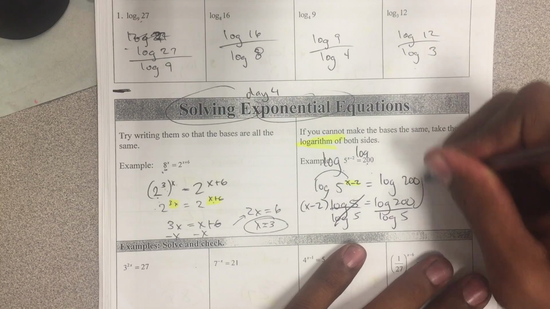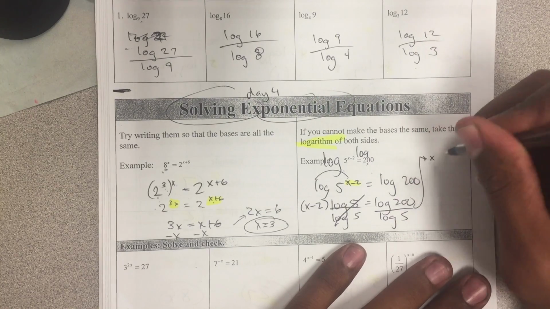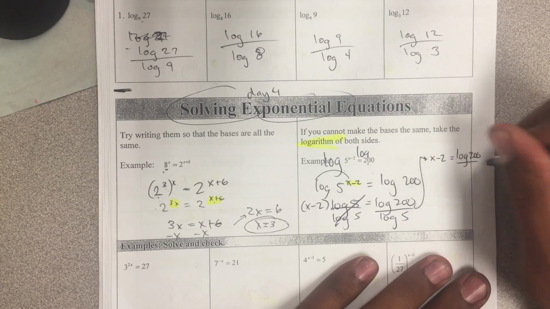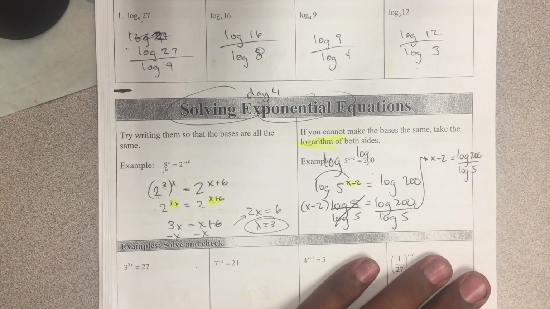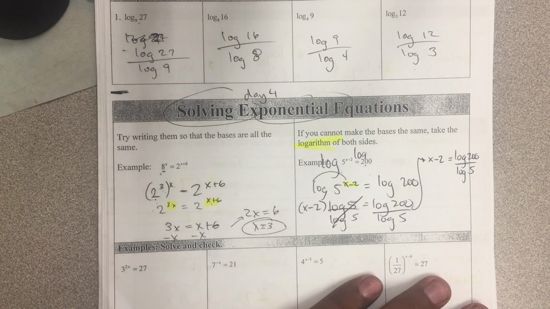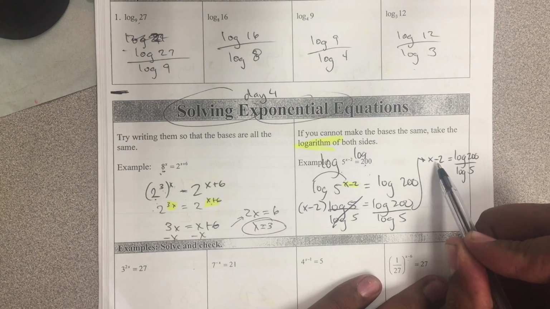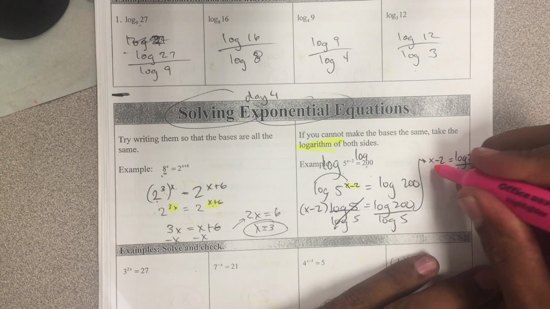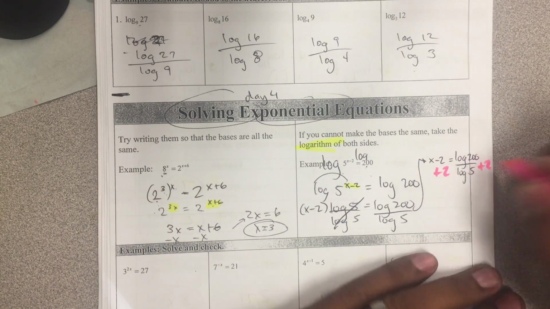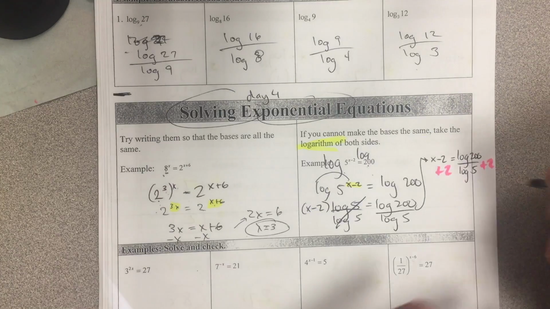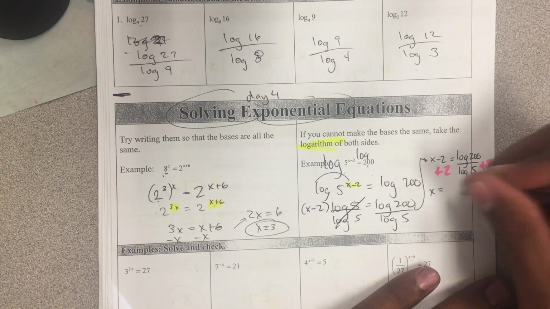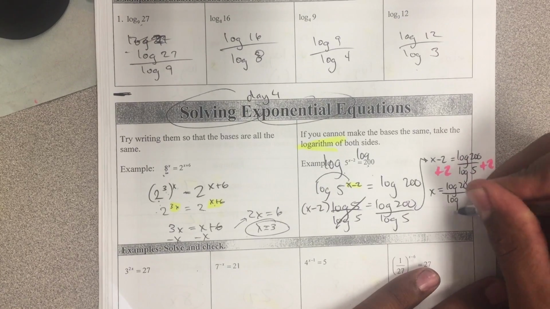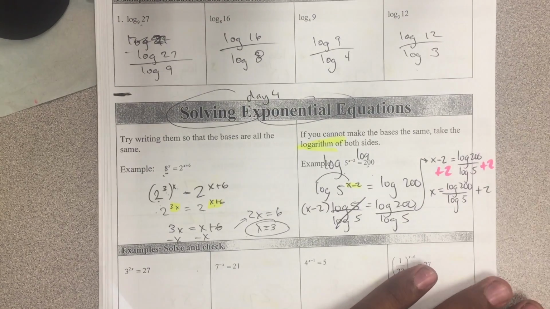Now x minus 2 is equal to log of 200 over log of 5. The last thing I want to do is add 2 to both sides, and then I end up with log of 200 over log 5 plus 2.